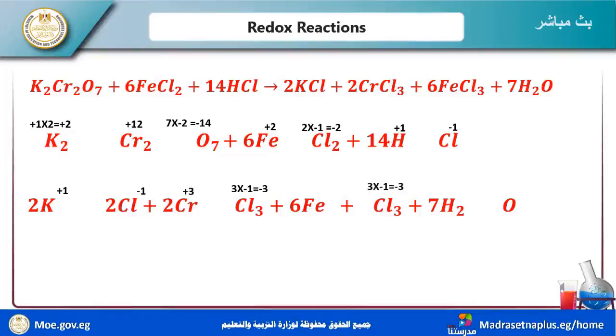Fe we calculate using Cl equal to negative 3, so Fe equals positive 3. Hydrogen here equals positive 1 times 2, equals positive 2. Okay, now we have calculated all the atoms in the reactants and the products.